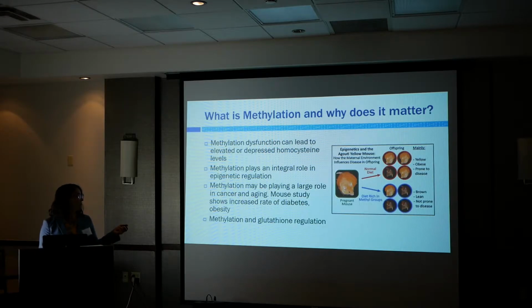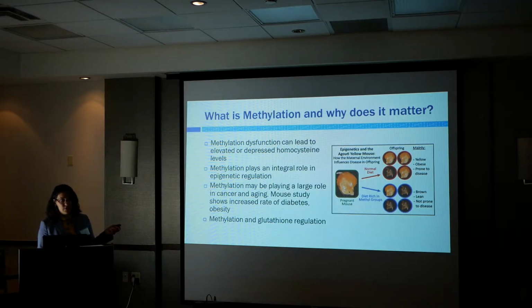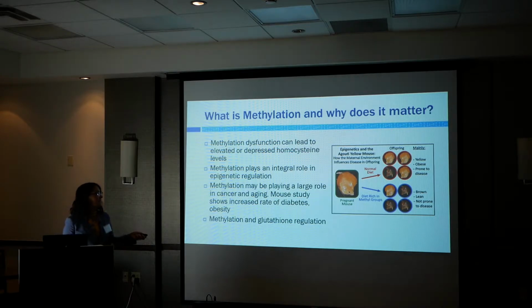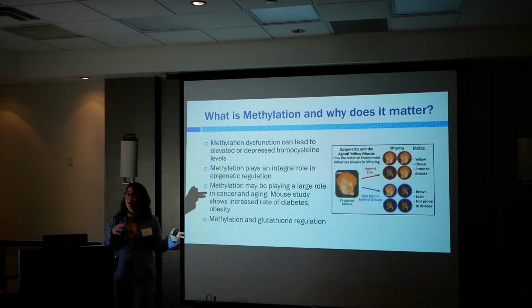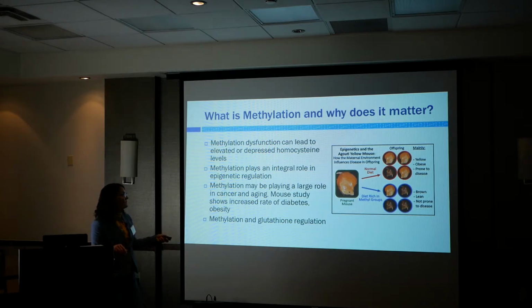I'm sure most people have seen this study. I think I first learned about this from Amy Yasko a long time ago, but it's a really fun study on basically epigenetics and long-term health outcomes, taking these agouti mice, pregnant mice, fed a folate-rich diet and a folate-deficient diet, and what the outcomes were in their offspring.